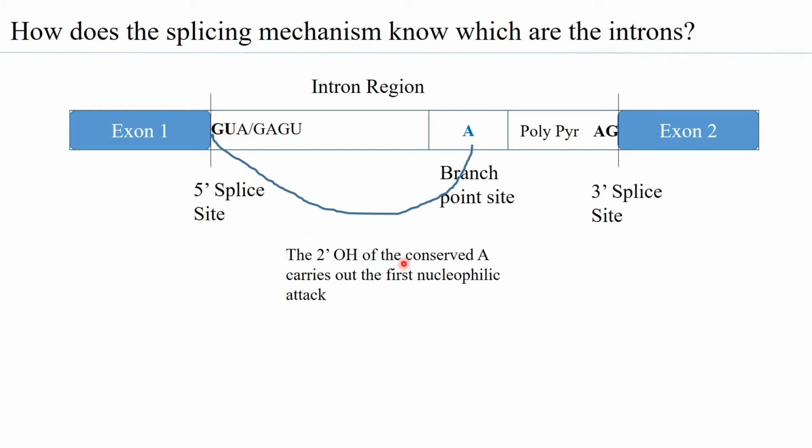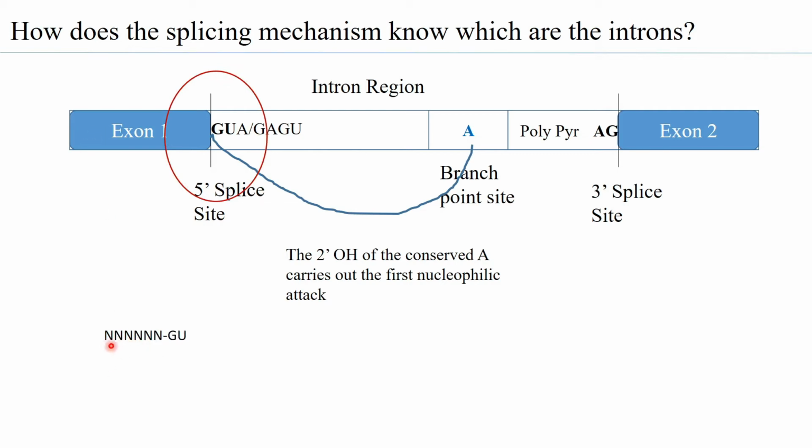I'm repeating what I said. The A that has a 2' OH, that 2' OH will act as a nucleophile and cleave a phosphodiester bond, which is exactly between the exon 1 and the highly conserved G of the 5' splice site of the intron.